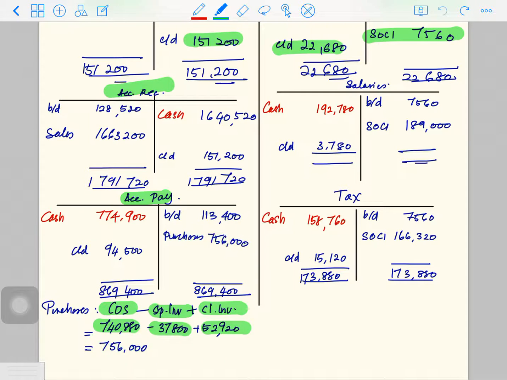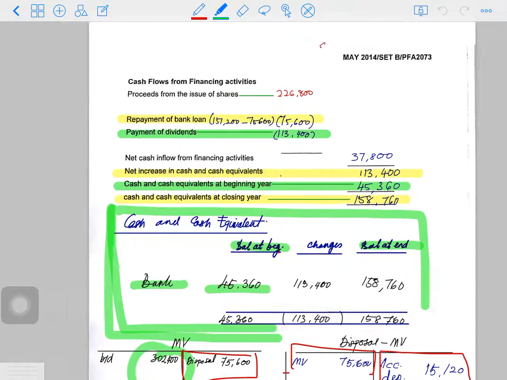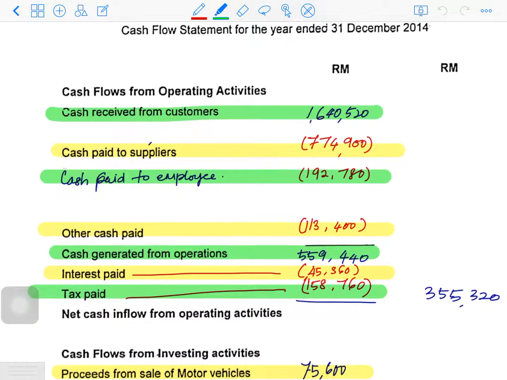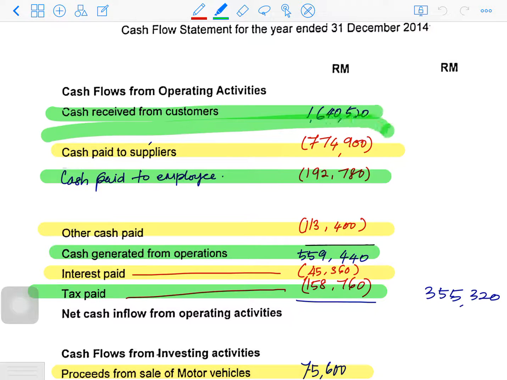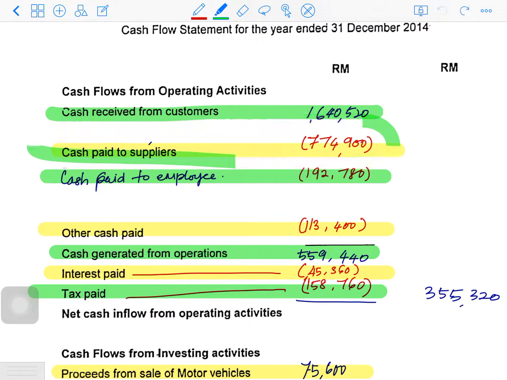So 774,900 tu kita akan masuk ke dalam cash flow ni, cash paid to supplier, 774,900.